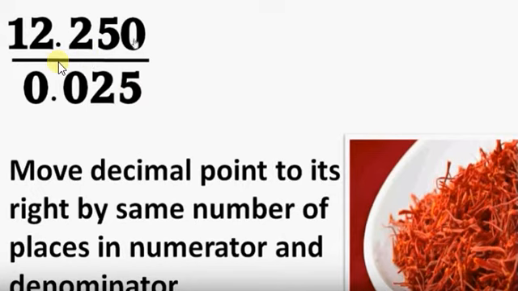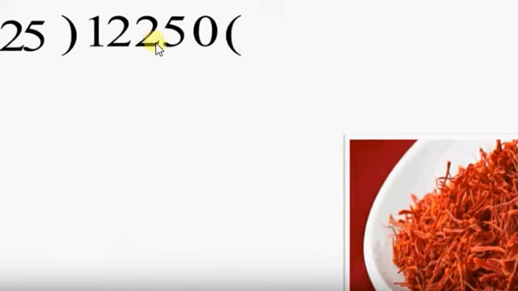So this is 12.250 kilograms divided by 0.025 kilograms. Remember, this is equivalent to 25 grams, which had to divide the 12.25 kilograms of spice bundle. So the dots have been moved 3 steps towards the right.